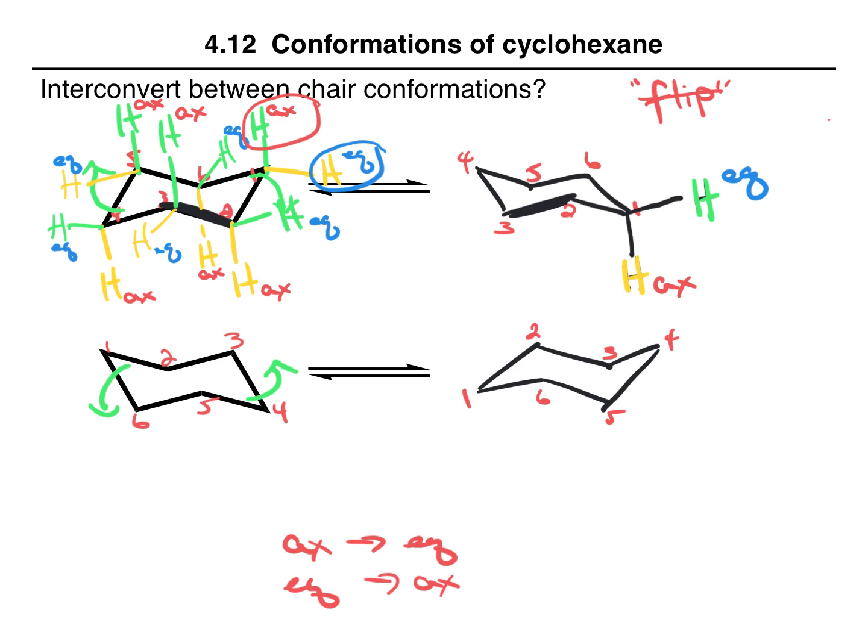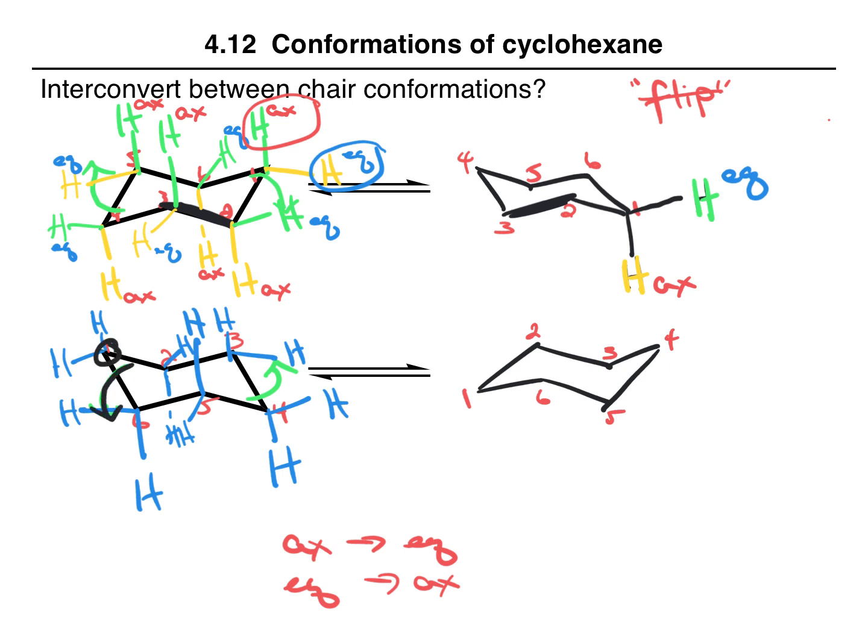Okay, I'm going to stop doing quite so many colors, but let's fill in the details on the bottom one. So here is a hydrogen straight up and straight down, straight up, straight down, straight up, and straight down. And then here we have our equatorial hydrogens on each carbon. Focusing on carbon 1, this folds down so that this is now carbon 1.